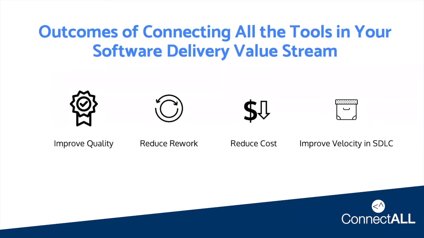Just by the fact of using ConnectALL to help your company shift left with your quality solutions and letting your developers run tests that maybe ran in the quality department, that's going to help you reduce rework. And of course, along the way, all of this is going to reduce cost as information flows and increase your value, your velocity in your value stream.